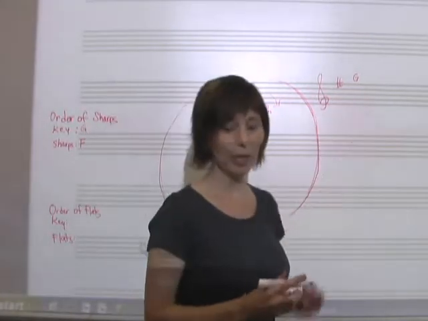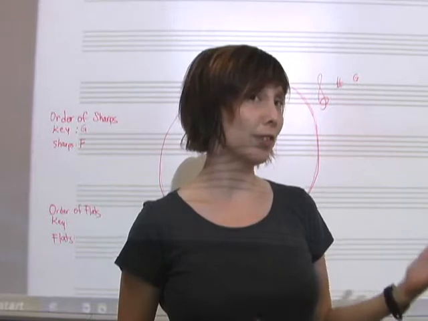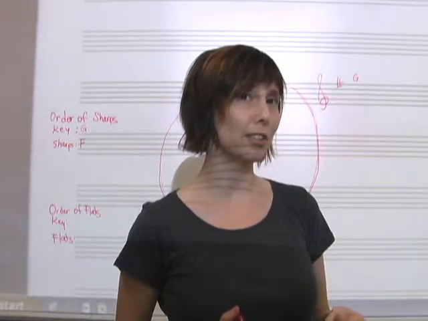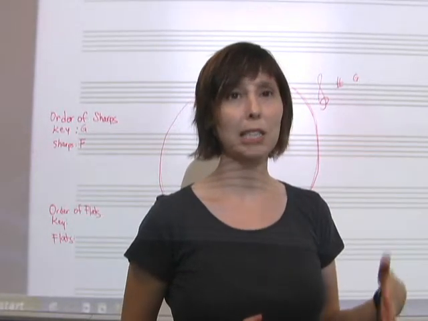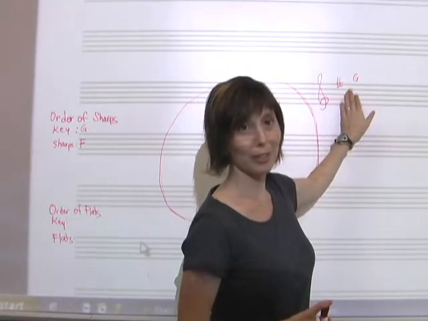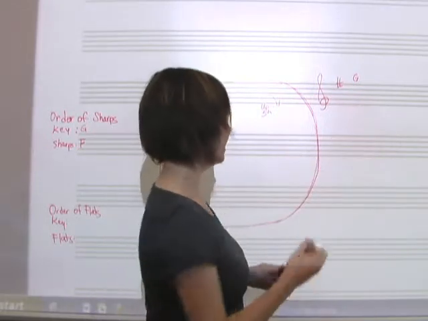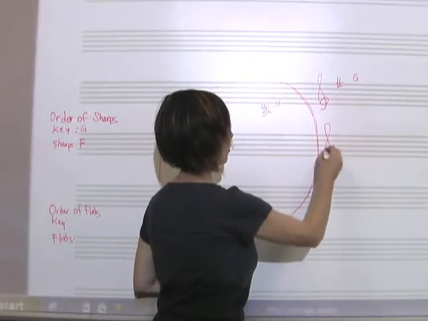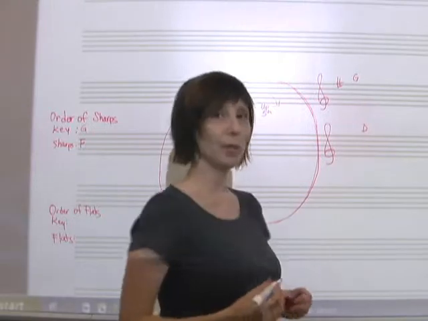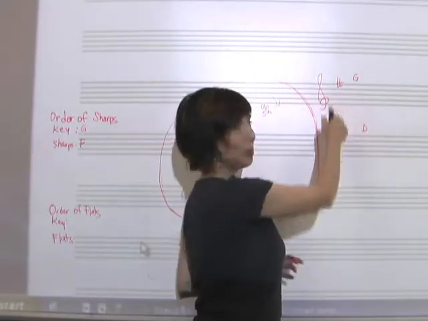Now, to figure out what key is going to have 2 sharps, I'm going to count up to the 5th note in the G major scale. G, A, B, C, D. I know that D doesn't have a sharp on it, right? Because that wasn't one of my sharps over here. Okay, so D is going to be my key with 2 sharps in it. D is going to have the same F sharp.